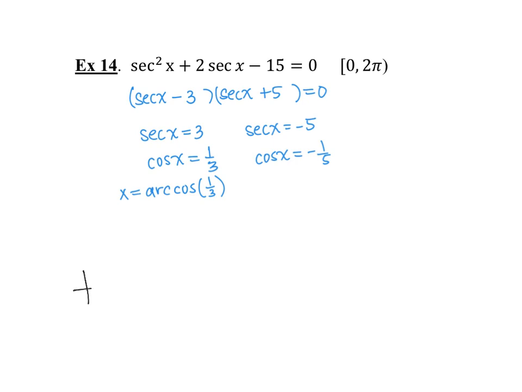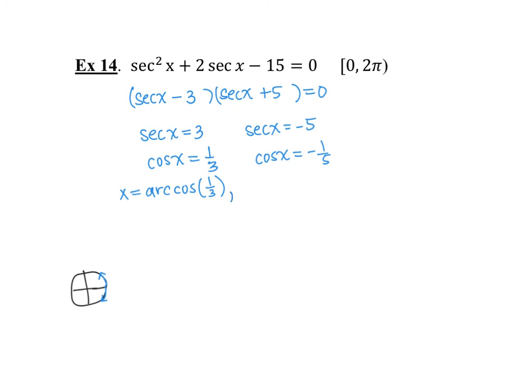Now the other answer that works. Remember, this is one of the answers. The other answer is down here. I would normally call that negative arc cosine 1/3, but that's going to give me a negative value, and that's not between 0 and 2 pi. So I have two ways to write it.